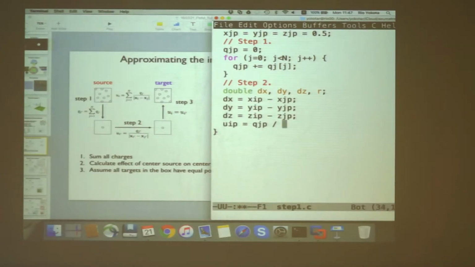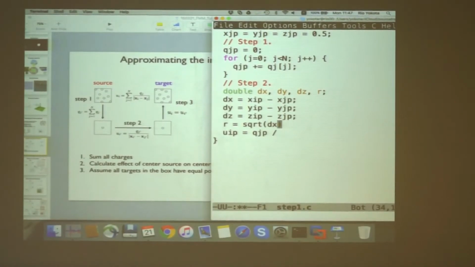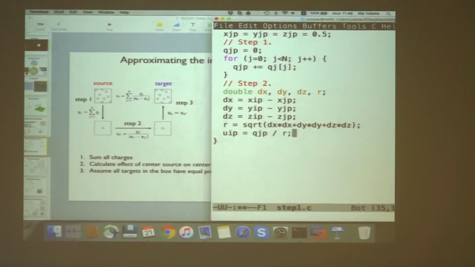So I'm calculating the individual distance in each direction, and then from this I can determine the square root of the, like square, square, square. This is the definition of the distance, right? It's the square root of the distance in the x direction squared, y direction squared, z direction squared. So this is how I calculate r. And then I just divide by that r. This should be step 2, calculating uip from qjp.